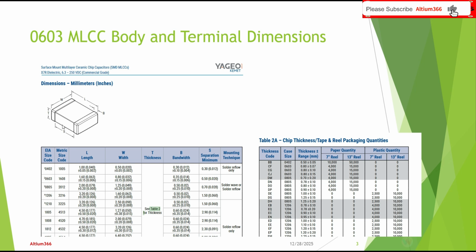One more important parameter is the separation, the minimum separation between the two terminals of the capacitor, and the minimum separation recommended by KEMET is 0.5 millimeter. So these dimensions describe the real component body, not the PCB pads, so keep that in mind. The PCB pads will come on the next slide.